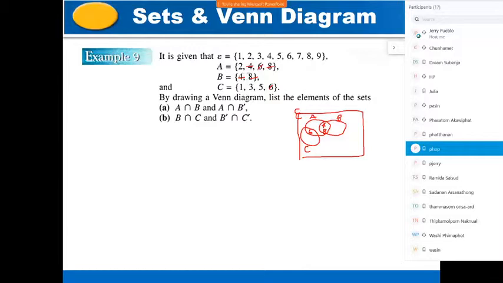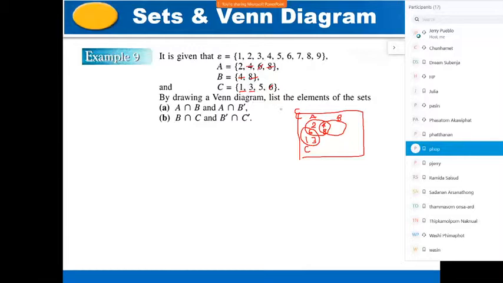Now outside of B in A is what? 2, no? That's why you put 2 here. And B has none here because all its elements are already inside. What is left in set C is 1 and 3, that's why you put 1 and 3 here. Then you check the elements now.